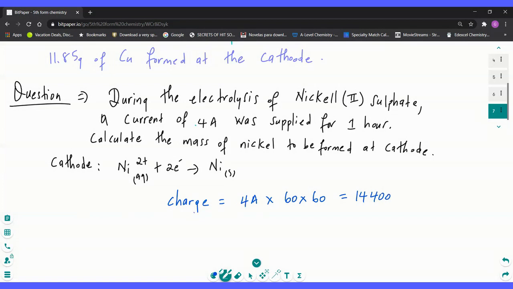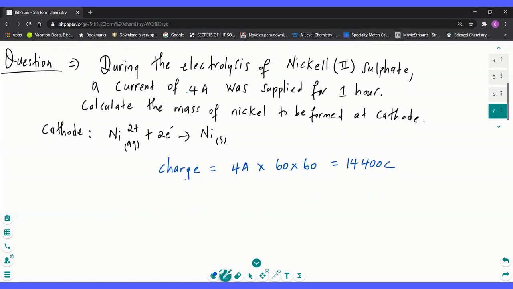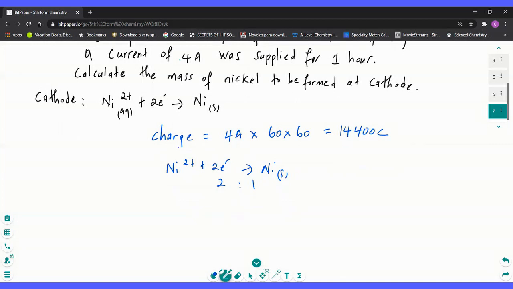All right, so that means you should have gotten to this part. And then from the equation, you could have seen that the nickel is a 2-to-1 relationship, right? So if you wanted to form 1 mole of nickel, you needed 2 moles of electrons.